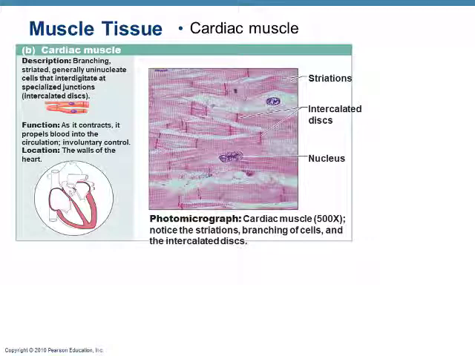You will be able to see under microscope, but not as clear as skeletal. So cylindrical fibers, striations are present. Those two things are common, skeletal and cardiac. Cylindrical and striations. So they are also present in skeletal.